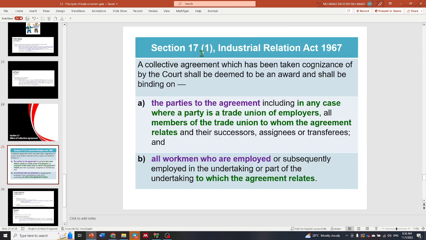Dalam section 17 subsection 1, the collective agreement which has been taken cognizance of by the court shall be deemed to be an award and shall be binding on A. The parties to the agreement, including in any case where a party is a trade union of employers, all members of the trade union to whom the agreement relates, and their successors, assignees or transferees, and B. All workmen who are employed or subsequently employed in the undertaking or part of the undertaking to which the agreement relates.